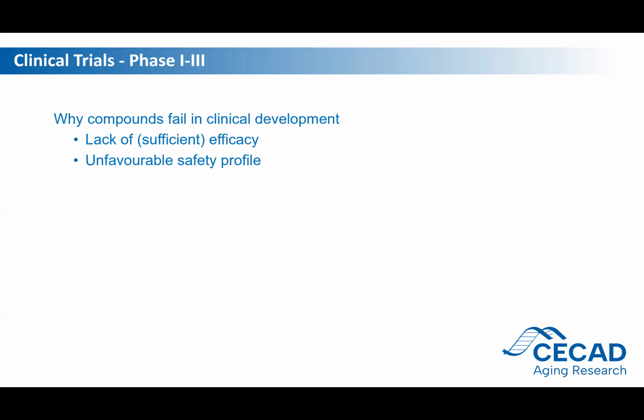So if we have a negative risk-benefit ratio, the safety profile, toxicity profile is not in favor and does not outweigh, or the efficacy does not outweigh the safety concerns, then there's no way this compound will proceed in the clinical development. So either we see no efficacy or we have an unfavorable safety profile.